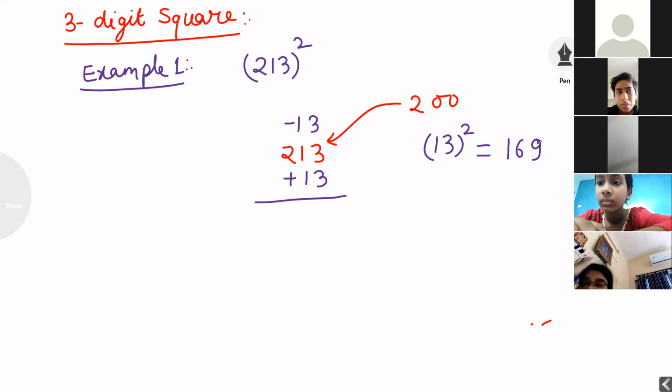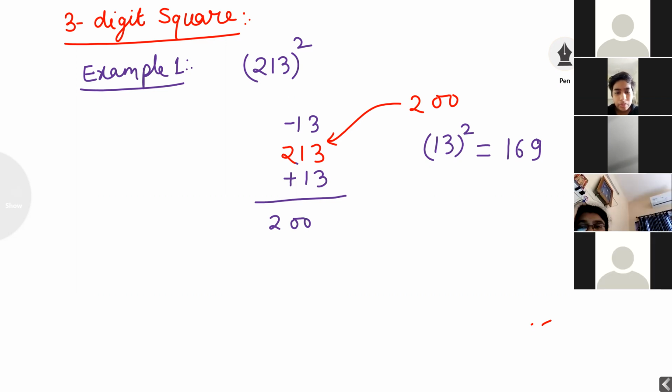Next, 213 minus 13, what has come? 200. 213 plus 13, what has come? 226.